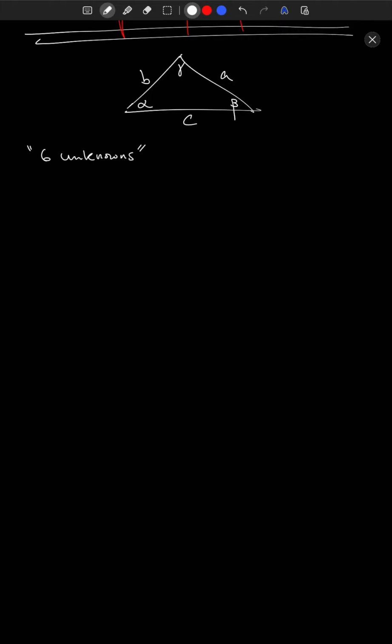All right. So in general, if you have more equations than unknowns, then there's going to be no solutions to your problem. In general, if you have more unknowns than equations, there's going to be an infinite number of solutions to your problem. And if you have exactly the same number of equations and unknowns, you expect there to be a finite number of solutions.